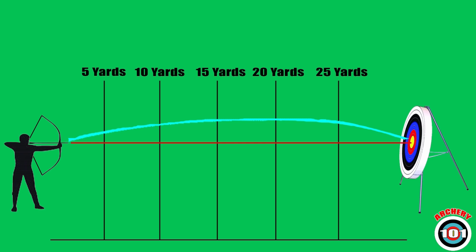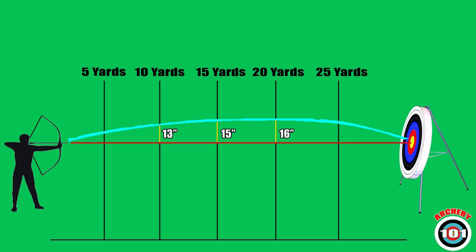So, for this archer, at 10 yards, the difference between the arrow's line and the trajectory is 13 inches. That 13 inches is their gap. Now, if we push it out to the next one, at 15 yards, the difference is 15 inches.